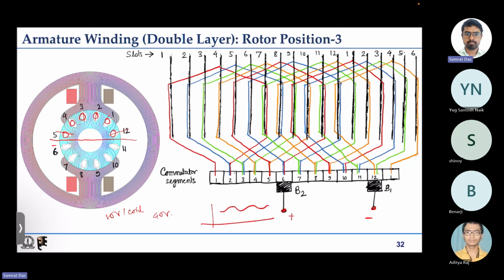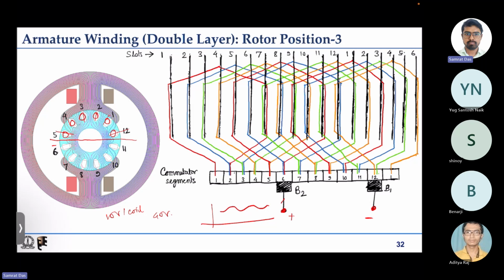These are the two terminals which come out to the external world, where we connect some DC source, or if it is a generator, we connect some resistance to take out the power.